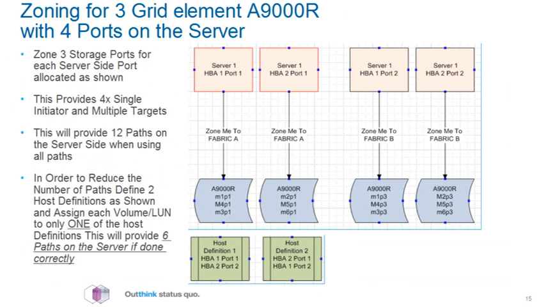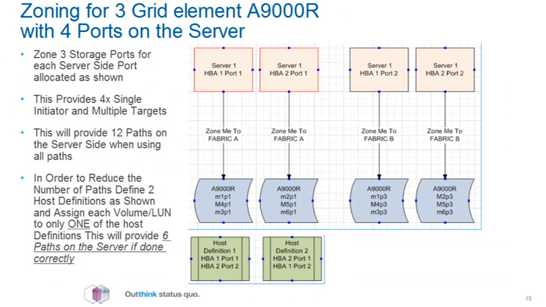That is likely to provide some sort of performance loss on the server side because that's just too many paths. So in order to reduce that, what we're going to do here is define 2 host definitions as shown on the storage side. We're only going to assign each volume or LUN to 1 of the host definitions. That will give you 6 paths on the server side if you do that correctly.